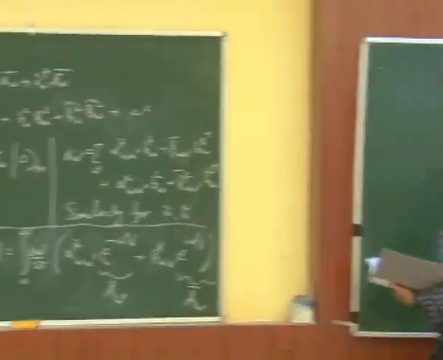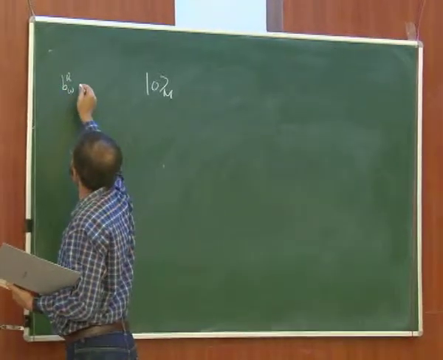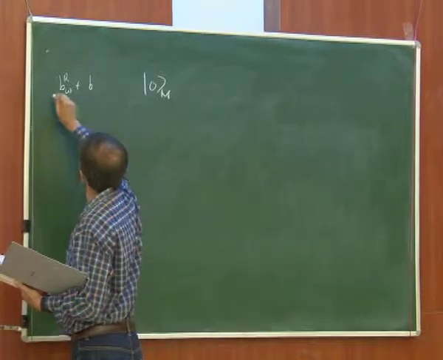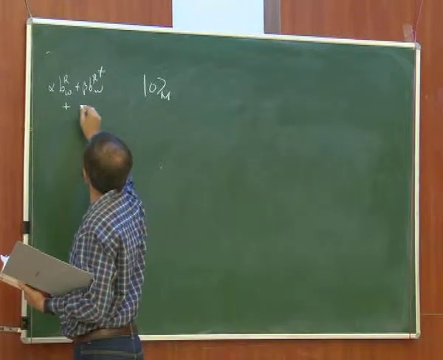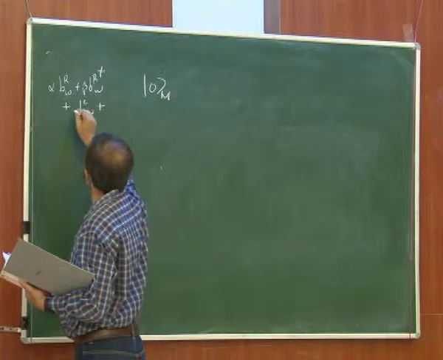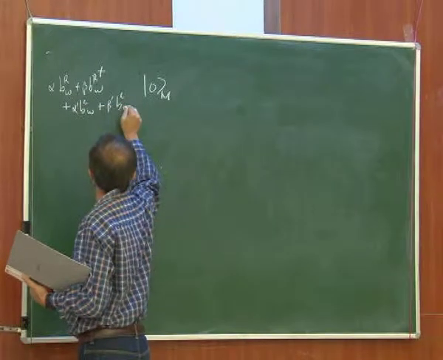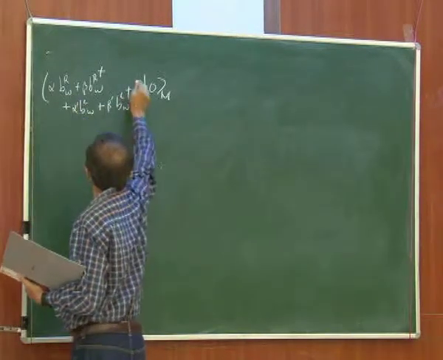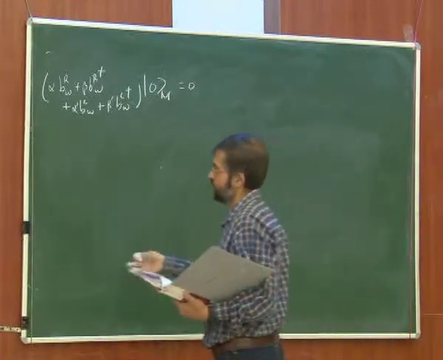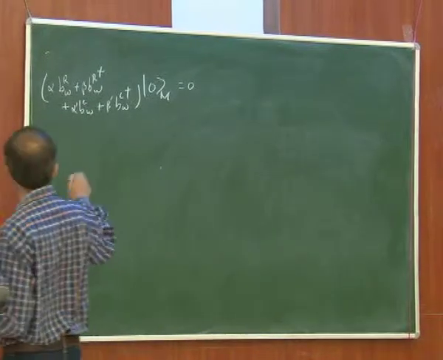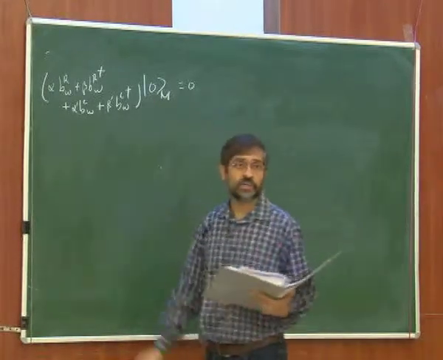You can now show that it is some linear combination of the Br omega with some alphas and some betas, plus Br dagger omega, these are independent oscillators, again with some alphas and some betas, and this is equal to 0. In fact, there is a similar relation also for the tildes. That's the second equation. This equation by itself is too little to solve for the 0 of M.